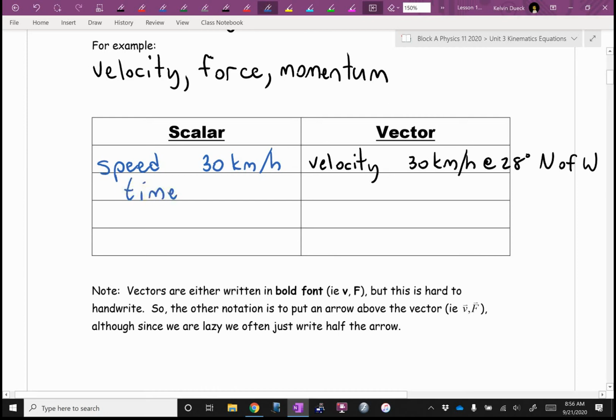Time is a scalar. Force is a vector. Distance is a scalar.